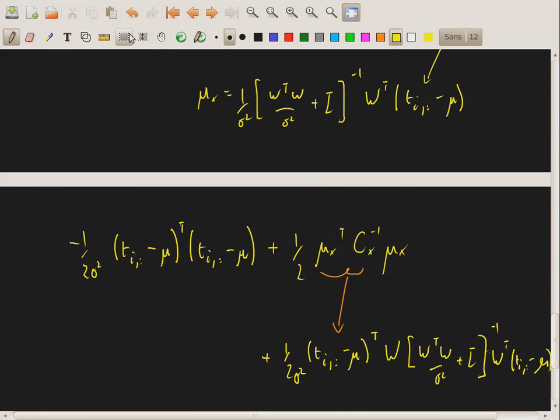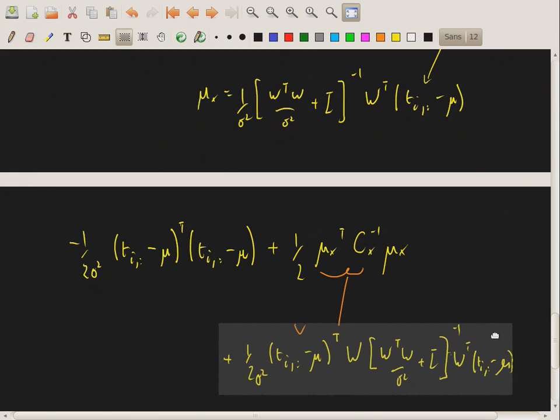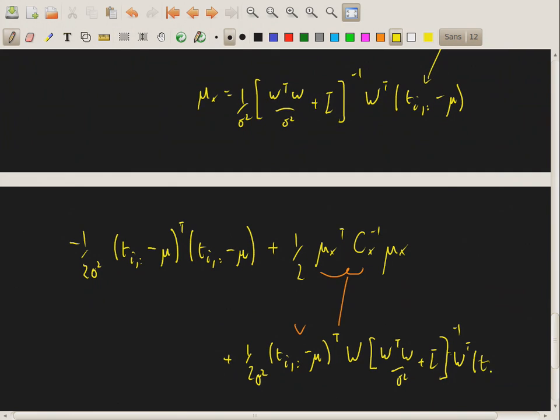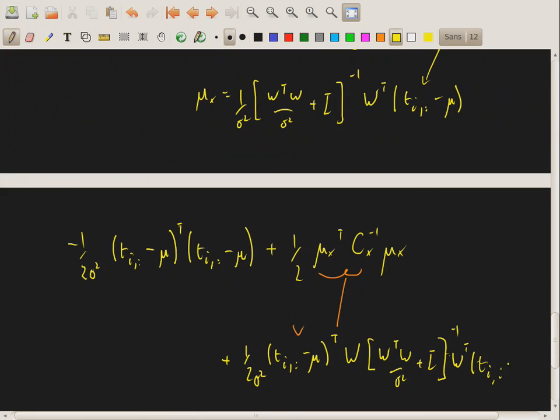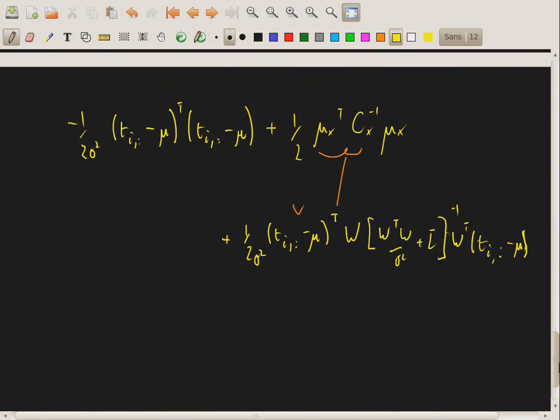I've not done that very tidily. Sorry. Ti colon minus mu. So that's that term. Oh, and I'm missing the sigma squared.